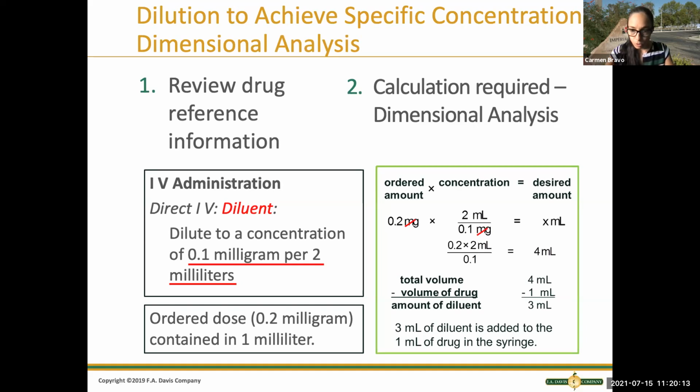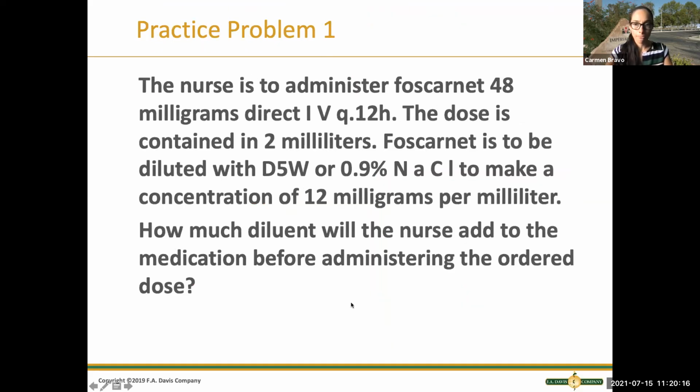Okay, let's do this problem. The order is telling me to give 48 milligrams direct IV every 12 hours, and that is in 2 milliliters.